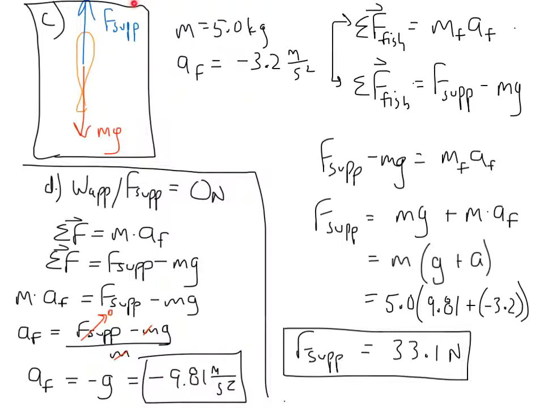So you're free falling inside the elevator, with nothing supporting you from below or above. You are essentially weightless. Now the downside is that there is probably a bottom to the elevator shaft and you don't want to hit it. But in the meantime, the fish feels weightless as long as it's accelerating downwards at negative 9.81 meters per second squared.